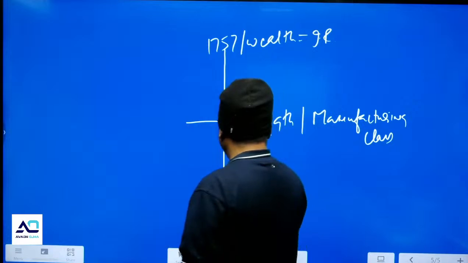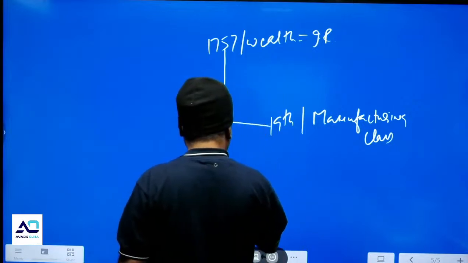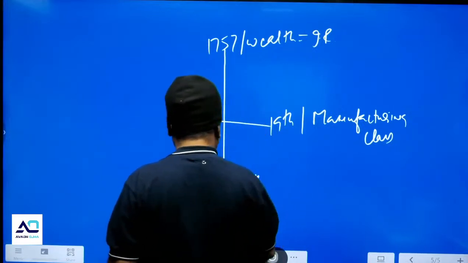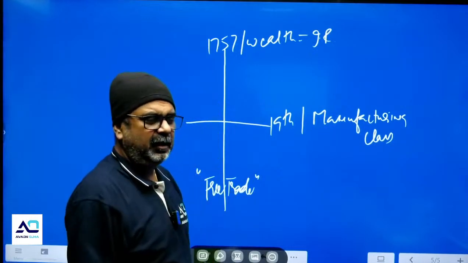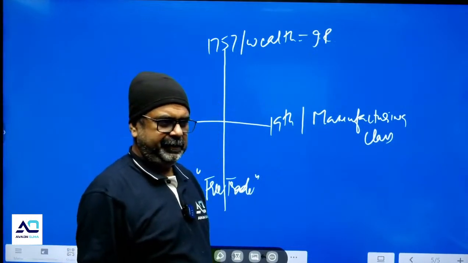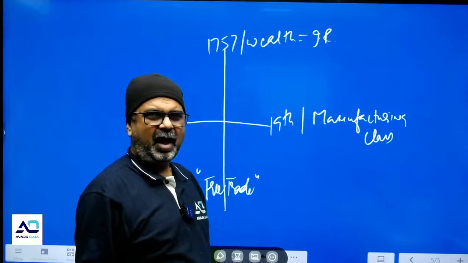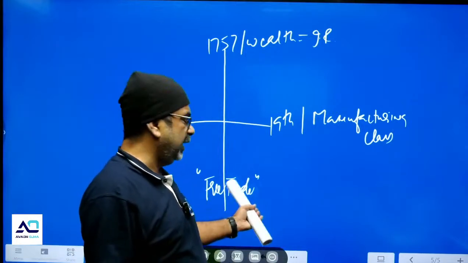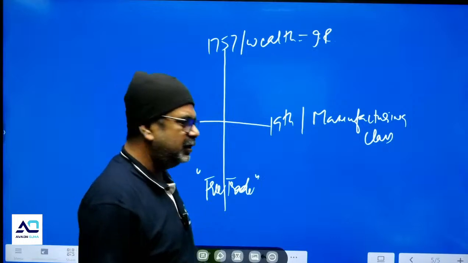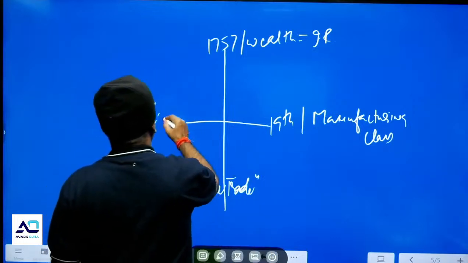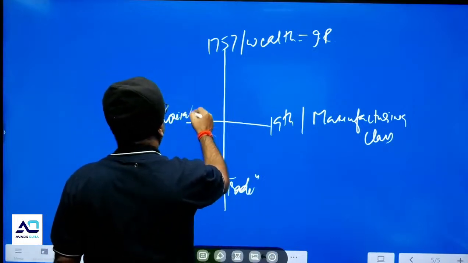So, free trade, but conditional free trade. And India, a colonial economy.